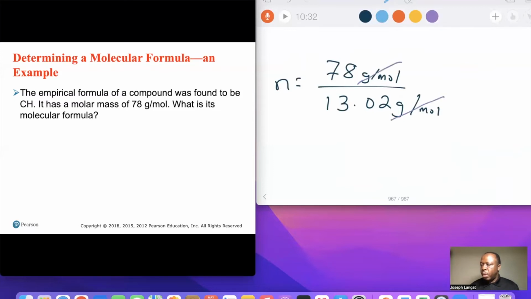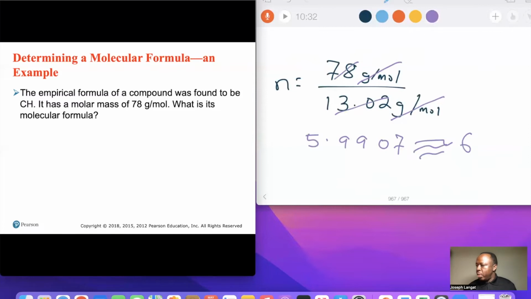To be precise, 78 divided by 13.02 is 5.9907. To make it a whole number, this is about 6.